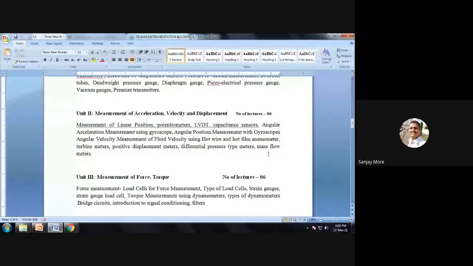So give the heading and write down the syllabus. Unit number second, measurement of acceleration, velocity and displacement.